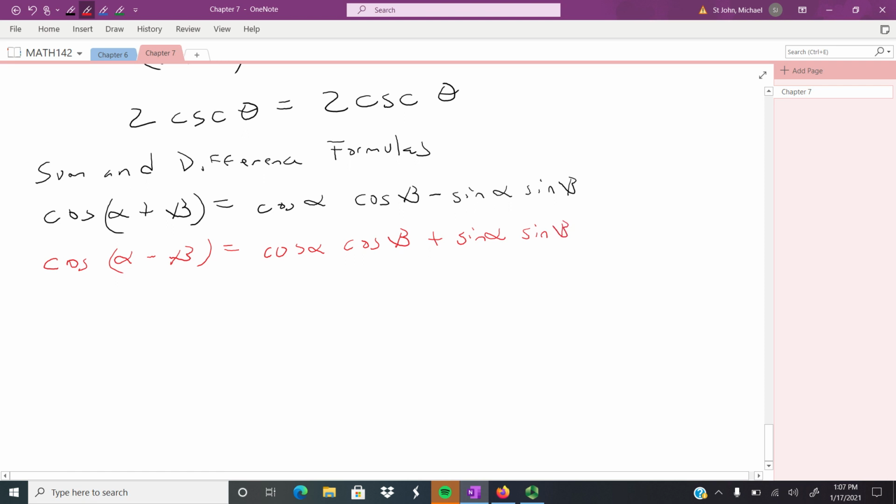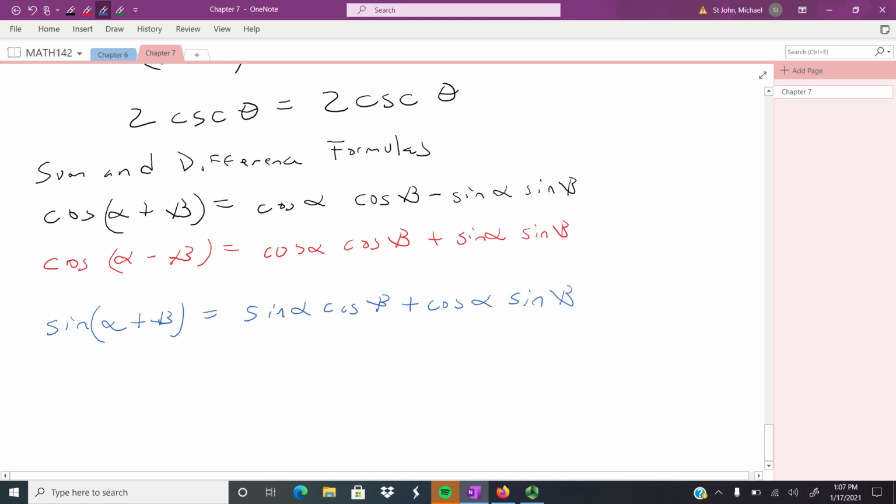And we also have, for our sine function, sine of alpha plus beta equals sine alpha cosine beta plus cosine alpha sine beta.